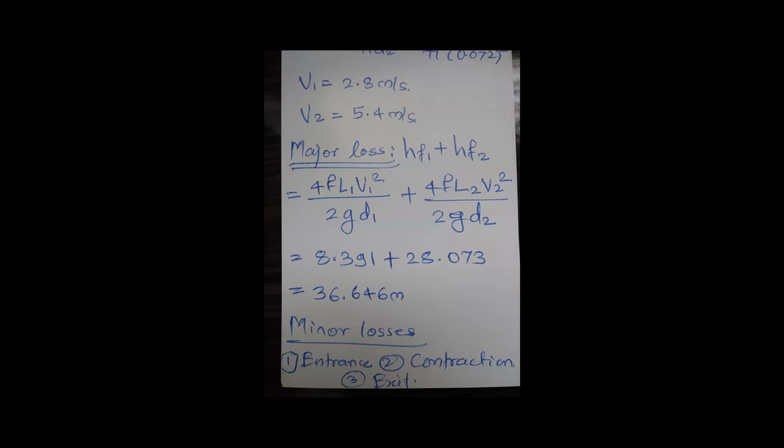So for the entrance, V1 is the velocity. For the exit, V2 is the velocity. And for the contraction, V2 is the velocity. So for the entrance of the pipe, what is the formula? 0.5 times V1 square by 2G.